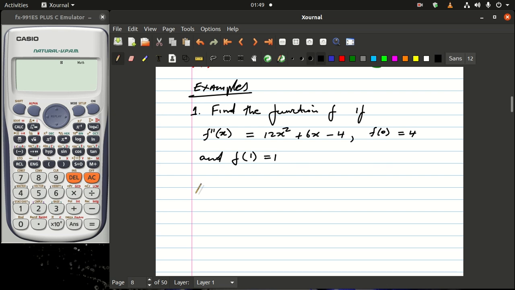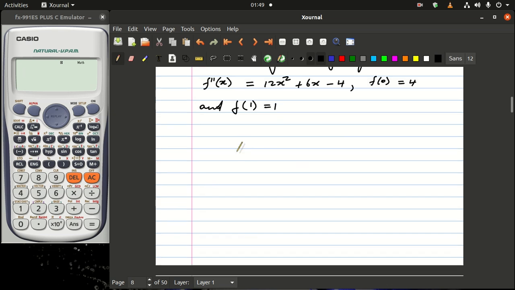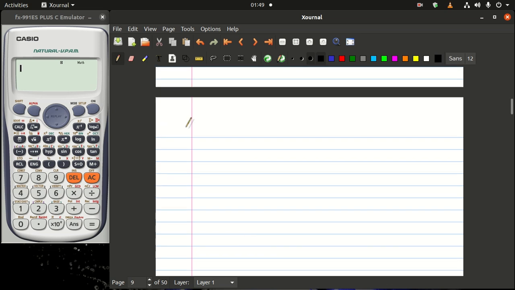The second question, I'm gonna leave this space here and then write the second question here. The second question is saying a particle moves in a straight line. So we have a particle that is moving in a straight line. It has acceleration.